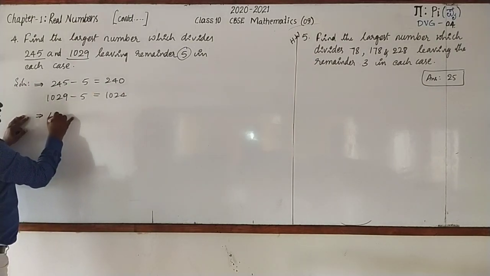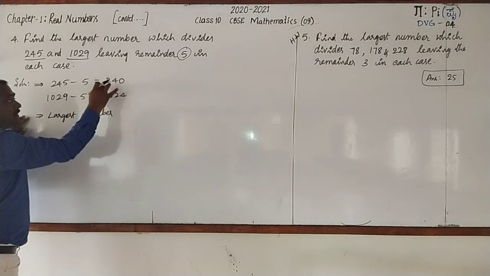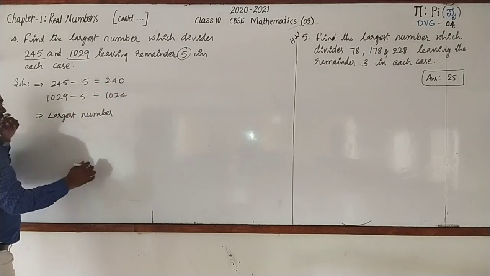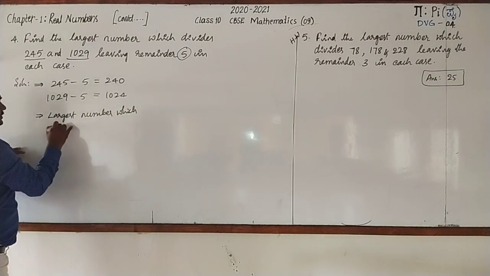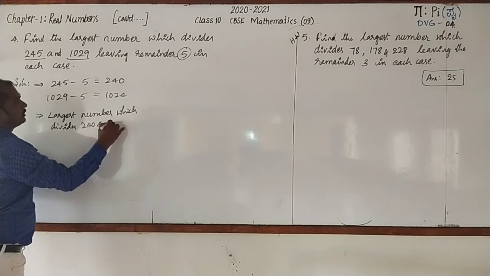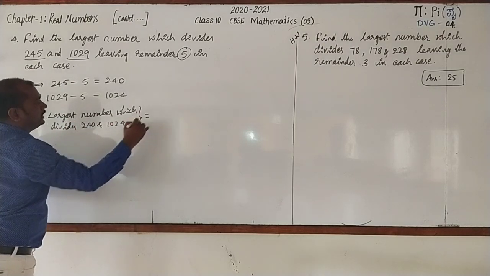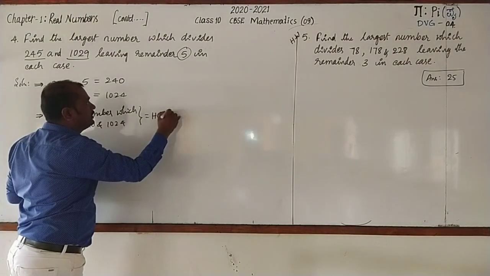Look here: largest number or greatest number which divides 240 and 1024 is to be found out. It is nothing but the HCF of these numbers.